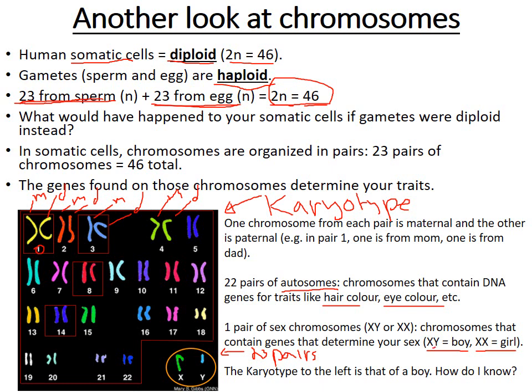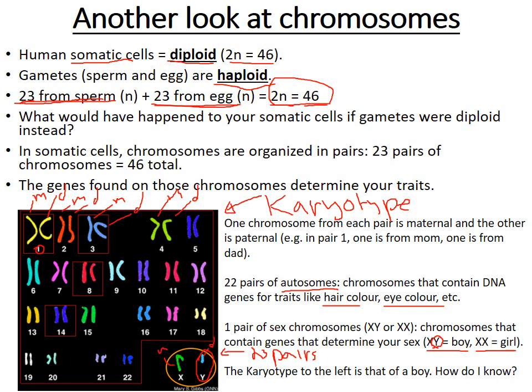And that's because the Y chromosome has a gene that essentially triggers your development into a boy. So the idea is that only men, boys, can give away a Y chromosome. So here we have one from mom, one from dad.